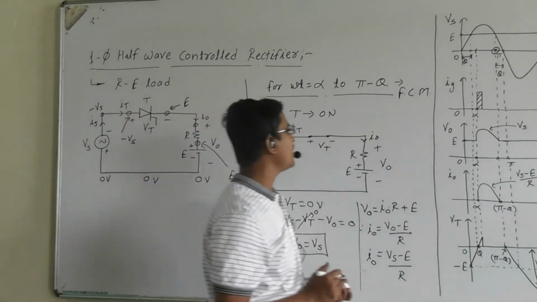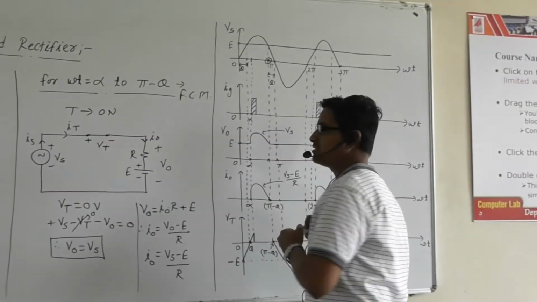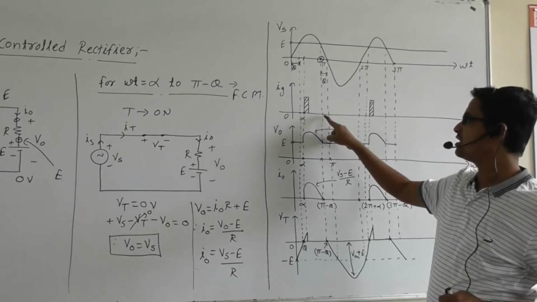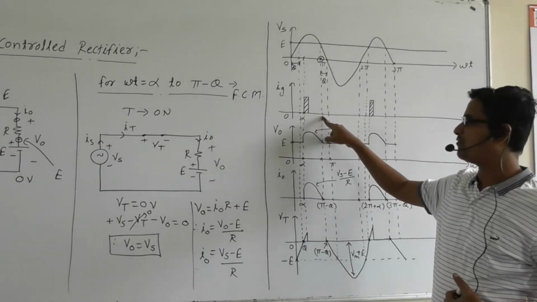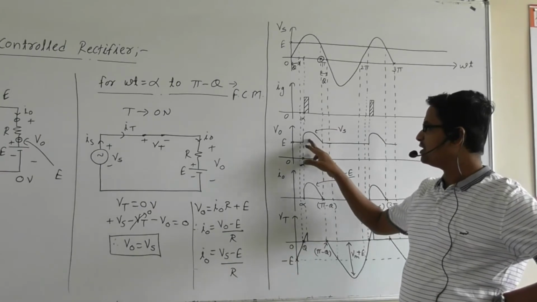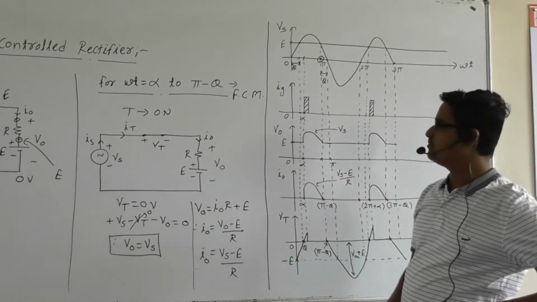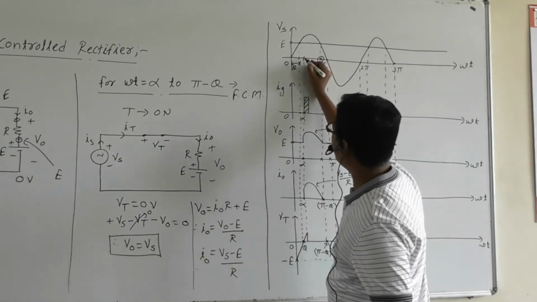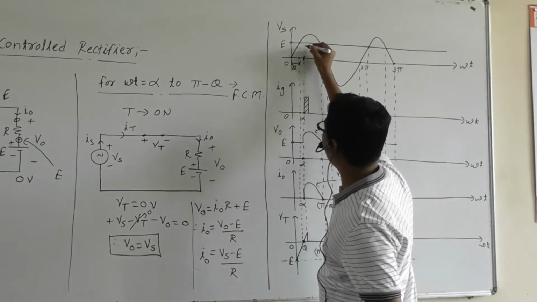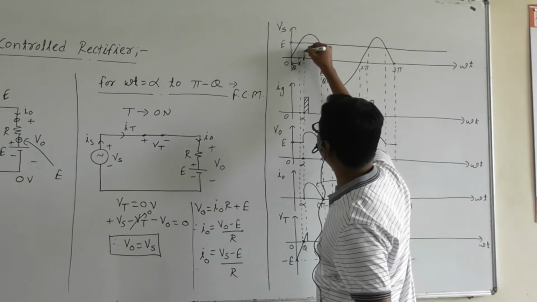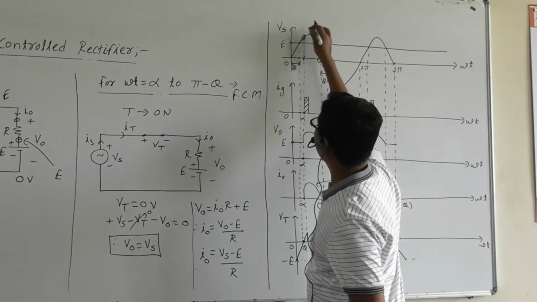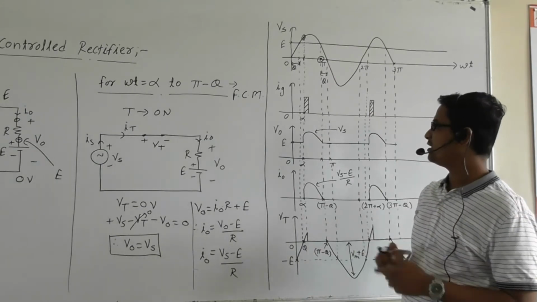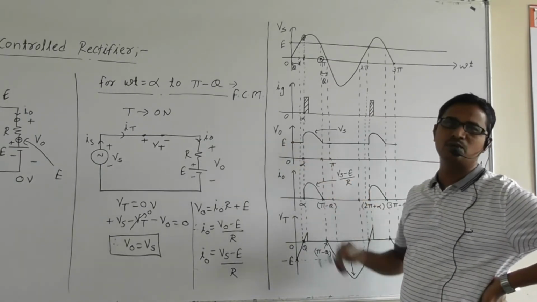So this is for omega t is equal to alpha to pi minus theta. Please check, alpha to pi minus theta is from this instant till this instant. V0 is same as that of the supply voltage. So please be careful. Alpha means this point, where we have Vs greater than E. Before alpha, we were having V0 is equal to E, right?